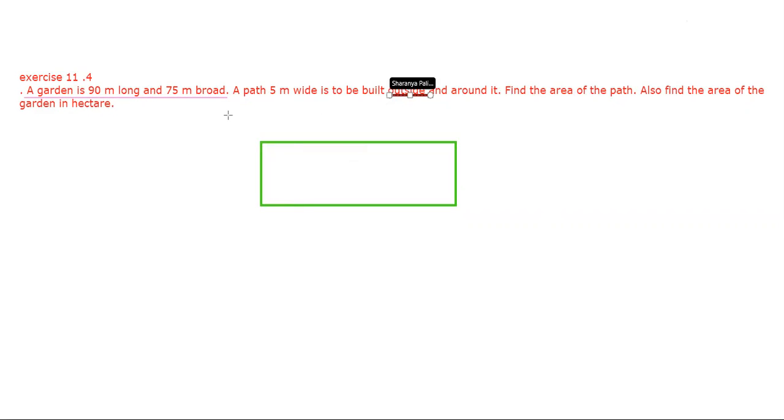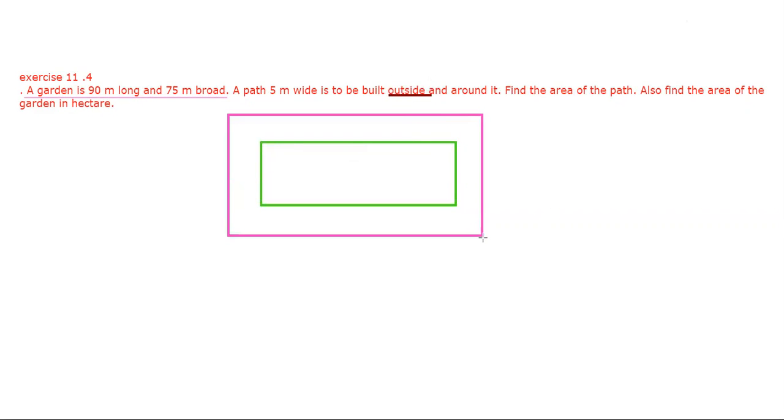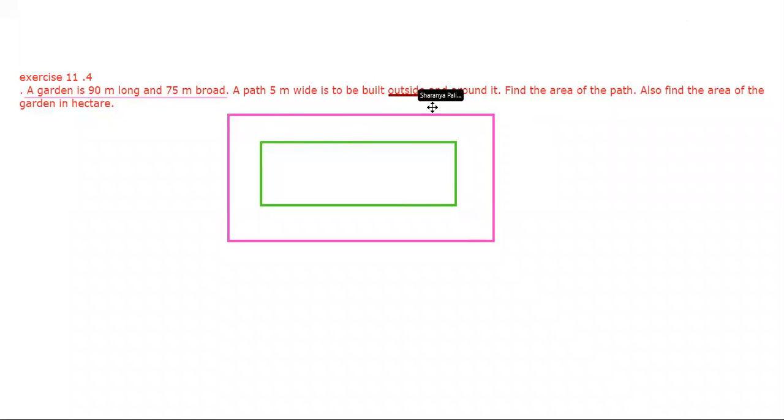The path built around it is 5 meters wide. We have to find the area of the path, that is this region between the green and the pink line, and also the area of the garden in hectares.